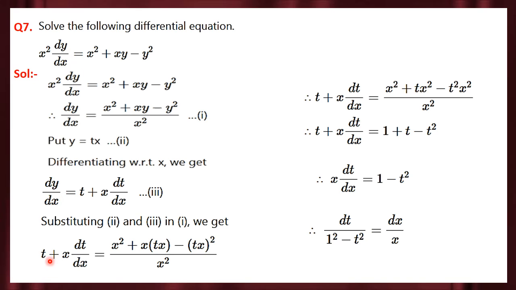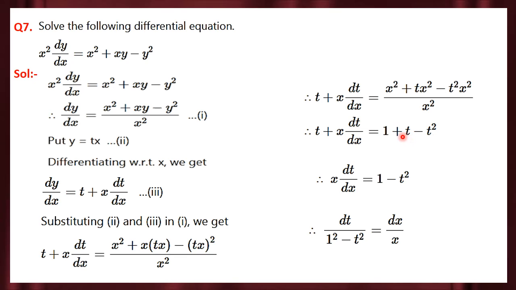Now we will substitute equation number 2 and 3 in equation number 1. Then it is t plus x into dt by dx is equal to (x square plus x into tx minus tx the whole square) upon x square. Now in the numerator and denominator x square is common, so x square is taken out and cancelled. So t plus x into dt by dx is equal to 1 plus t minus t square.